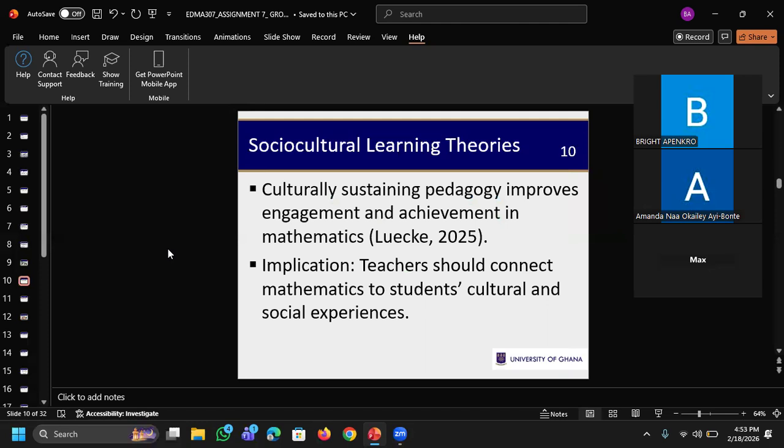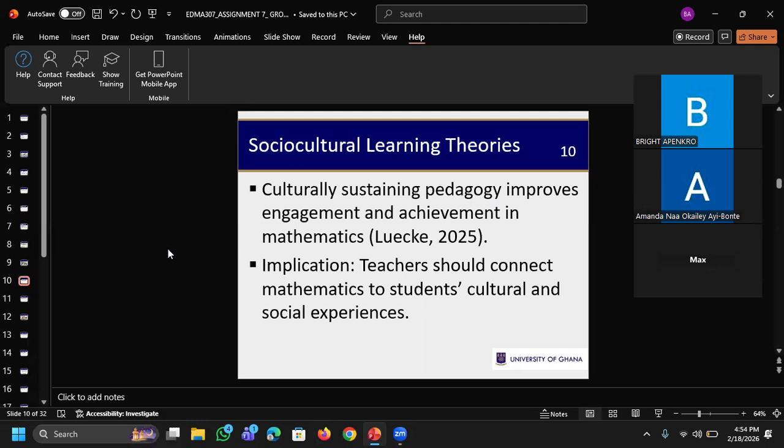Culturally sustaining pedagogy improves engagement and achievement in mathematics. If you have a culture that is devoid of chaos, a culture that helps in education, then it improves pedagogy, because culture and cultural curriculum are a way that we can pass on heritage and knowledge from one generation to the other.